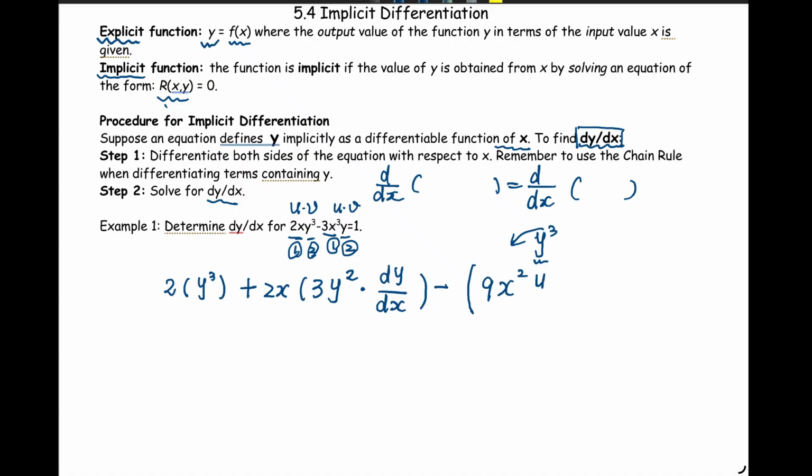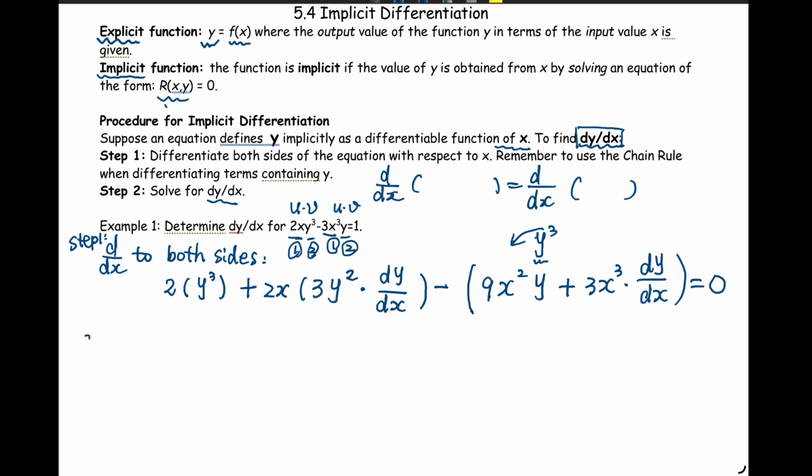Then copy the v, then plus u, 3x cubed, times the derivative of v, which is y, and the derivative of y with respect to x is dy by dx. Then the right side is 1, and the derivative of the constant 1 with respect to x is 0. So this is our step 1, differentiate both sides.